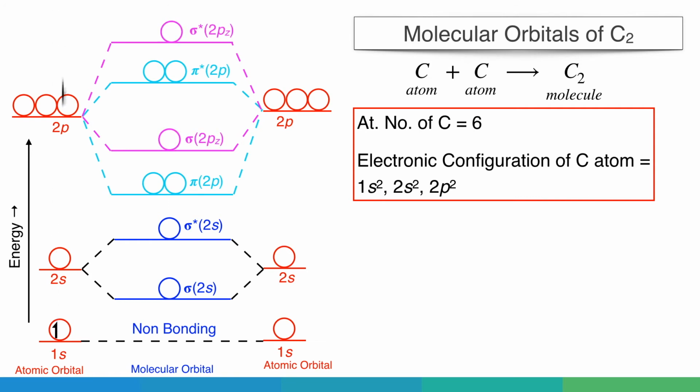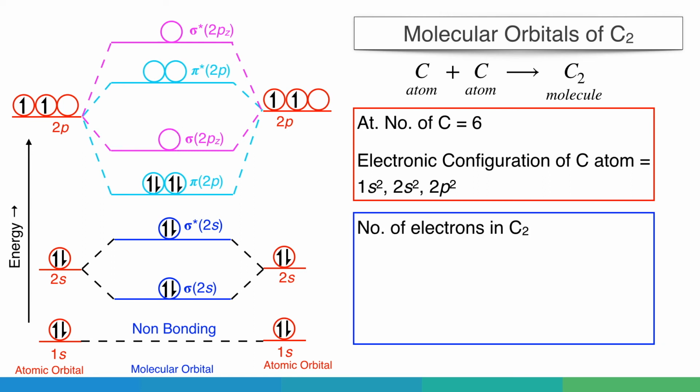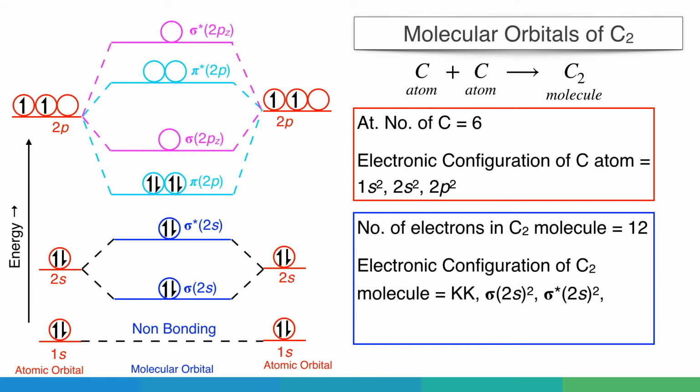And if we try to fill the electrons, it seems that the pi 2p orbitals have all paired electrons, with electronic configuration KK sigma 2s2 sigma star 2s2 pi 2px2 pi 2py2.